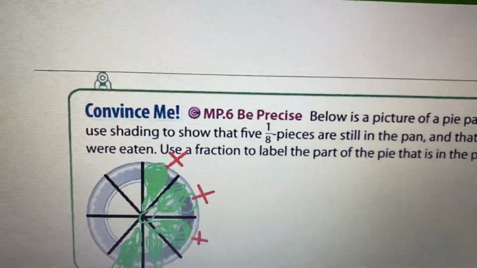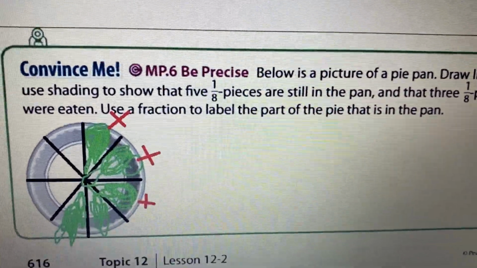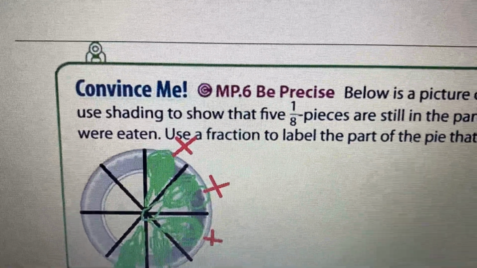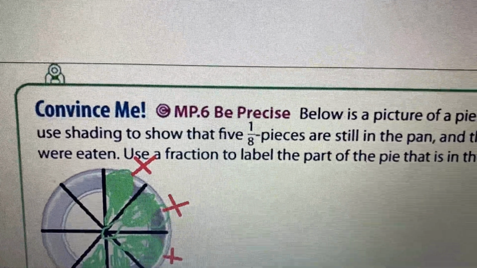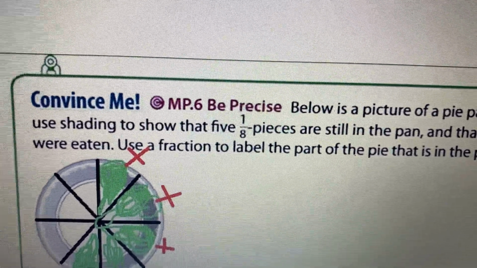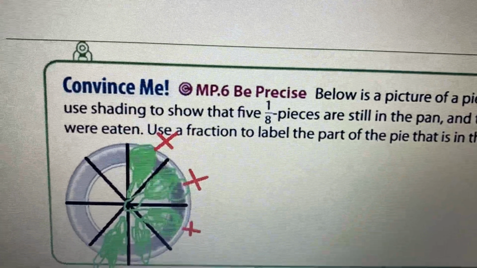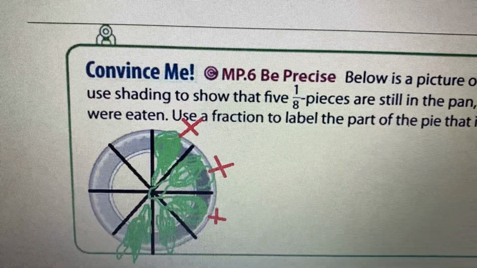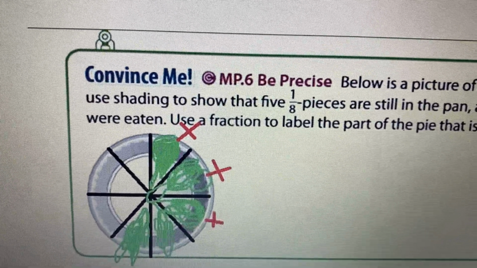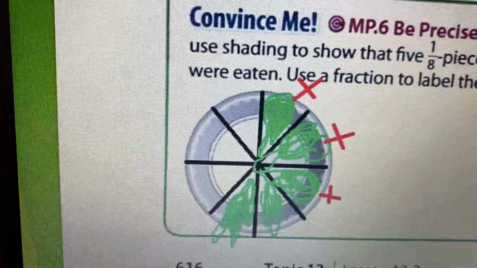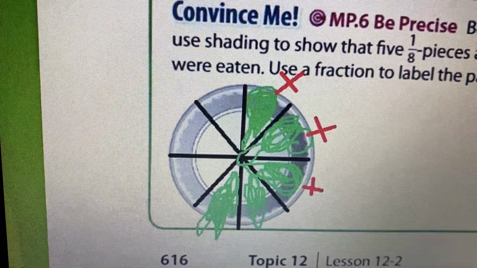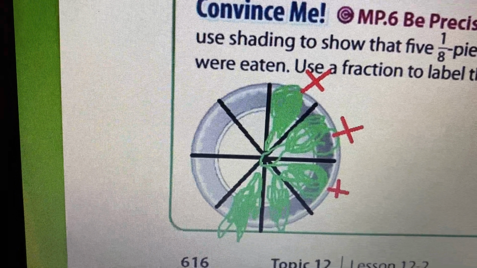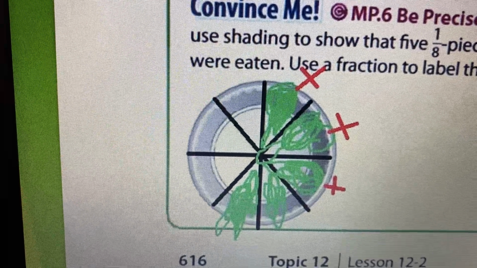Below is a picture of a pie. Draw lines and use shading to show that 5 1/8 pieces are still in the pan and that 3 1/8 pieces were eaten. Use a fraction to label the part of the pie that is in the pan. I divided the pan into 8 equal pieces and shaded 5 pieces of 1/8.